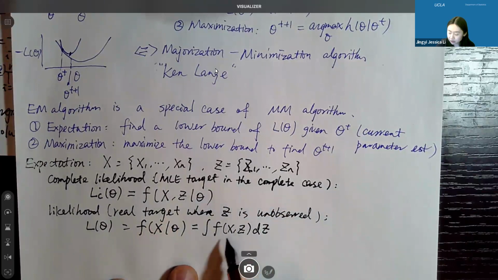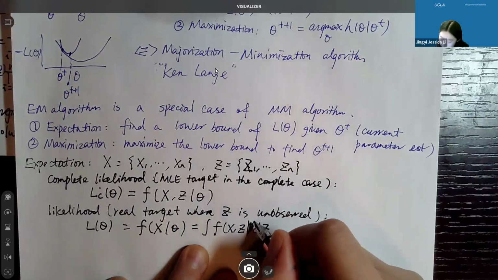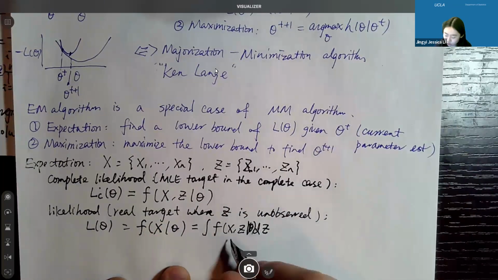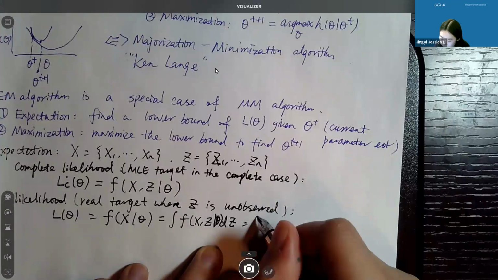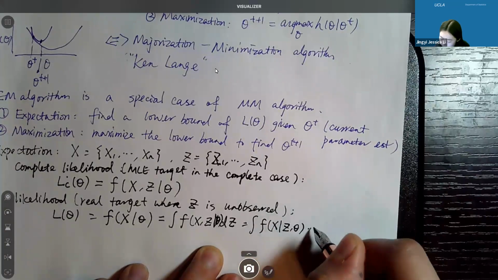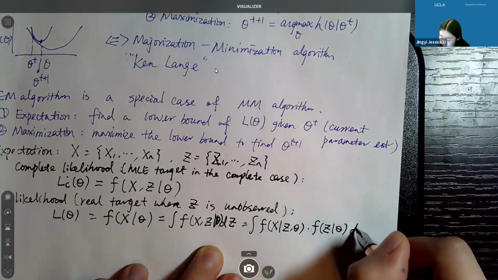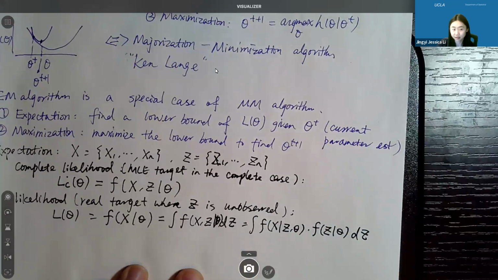If we factorize this joint density, and I forgot the theta here, as f of x given z and theta times f of z given theta, we can do this, right?